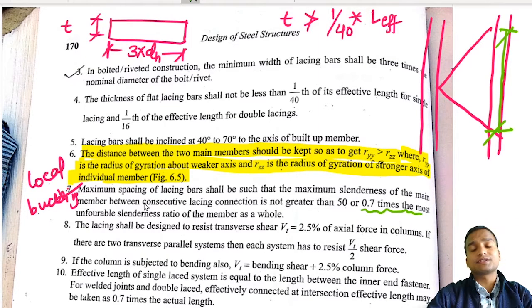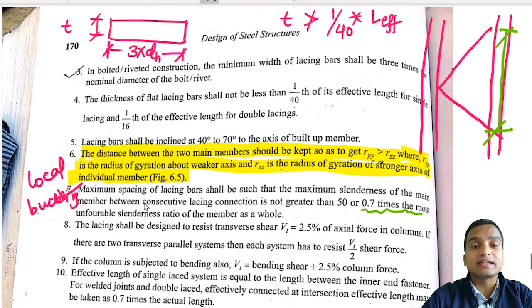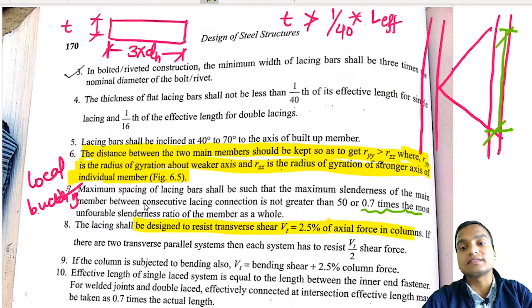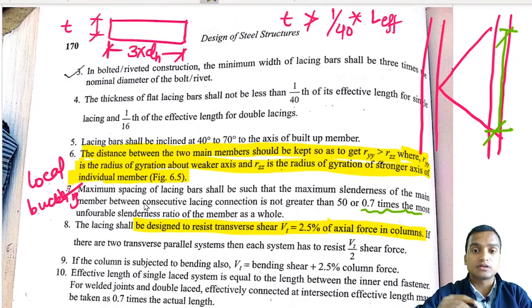Now, as we have discussed, because of the provision of lacings they are subjected to shear forces. So what is the magnitude of shear forces? Lacings shall be designed to resist transverse shear Vt, which is equal to 2.5% of the axial force coming on the column. So if the axial force is Pu, then Vt will be 2.5% of Pu.